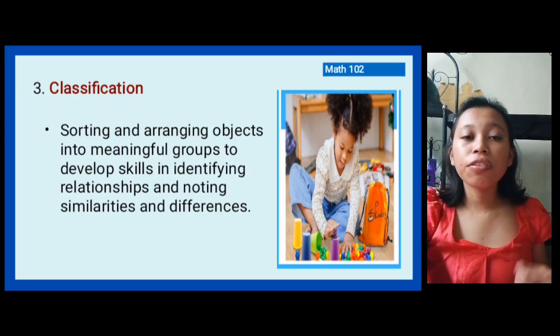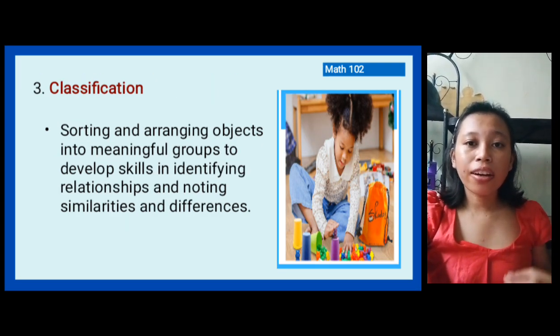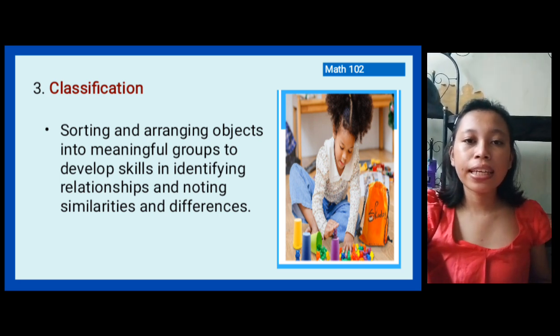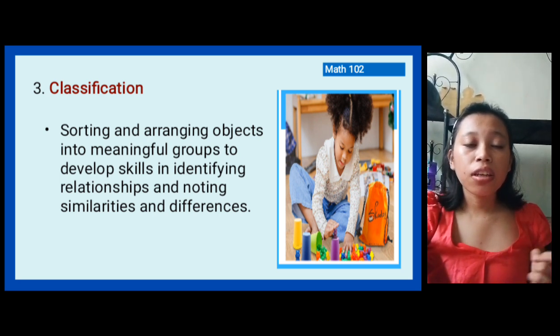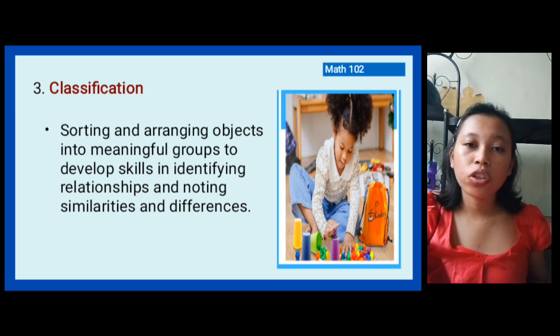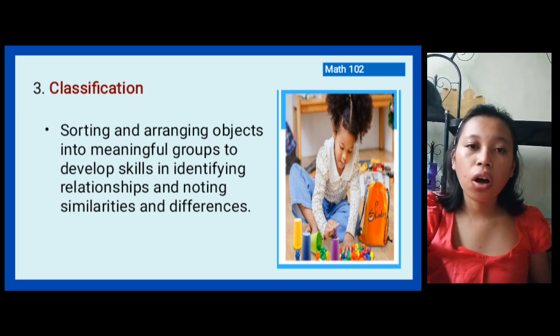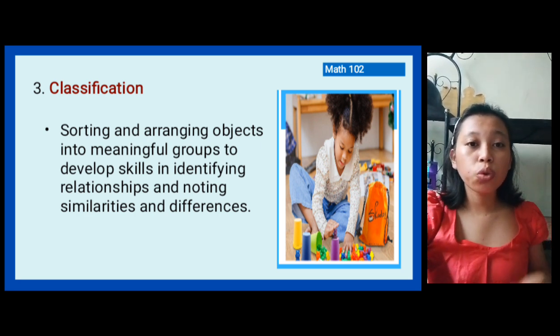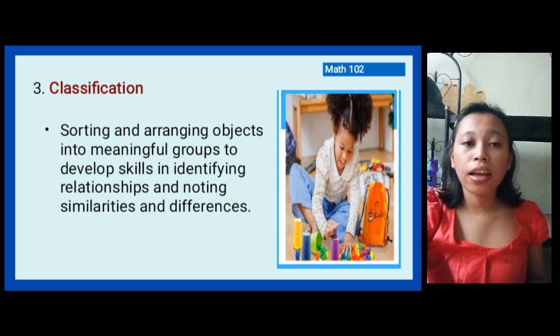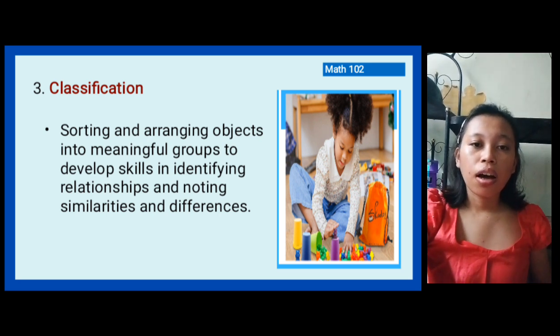Next is the classification, sorting and arranging objects into meaningful groups to develop skills in identifying relationships and noting similarities and differences. This involves organizing objects or information into groups based on shared characteristics. It helps students identify patterns and relationships.